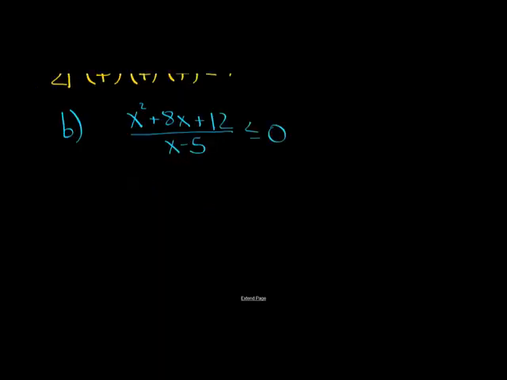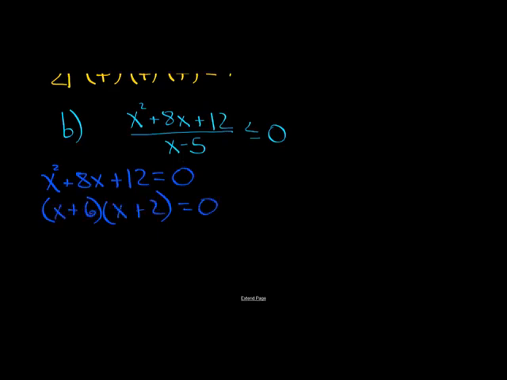Okay, now let's look at this one. What we want to do on this one is find the boundary numbers as well. And I'm going to do this in 2 parts. I'm going to set the numerator equal to 0 and find the zeros of the numerator. So I get x plus 6, x plus 2, and I get x equals -6, x equals -2.